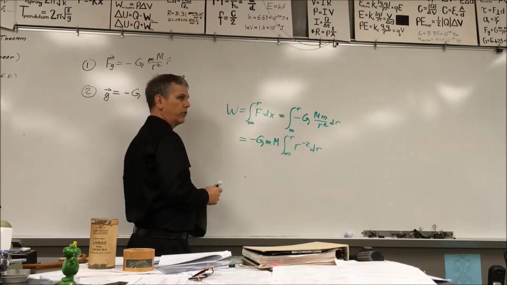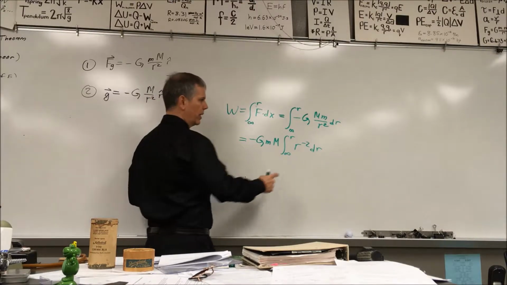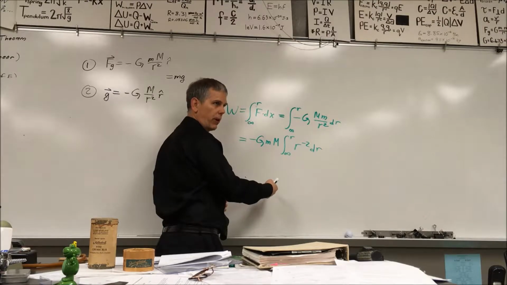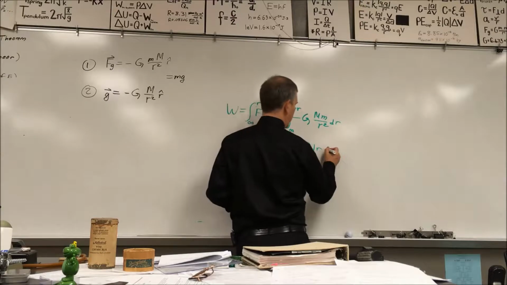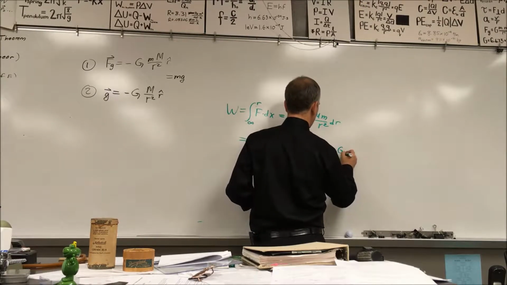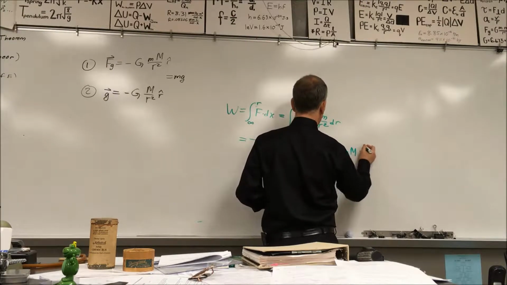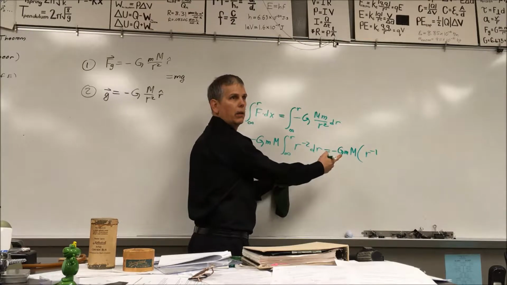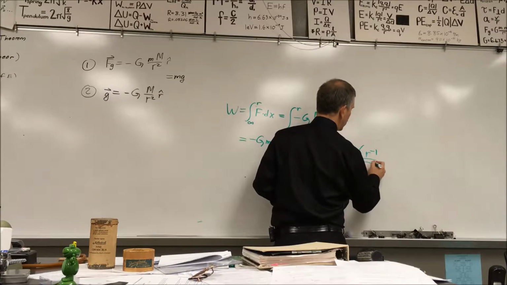Our rules for antiderivatives, or for integrals: add 1 to the power, divide by the new power. So our constants again, and r to the minus 1, you see how I added 1 to the power, divide by the new power.